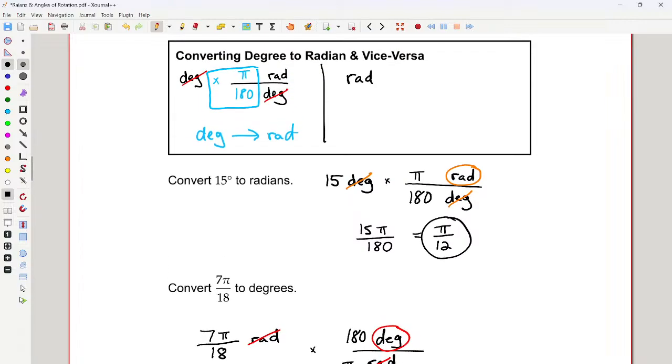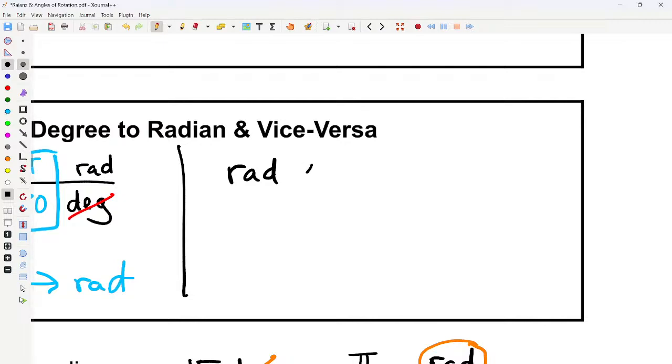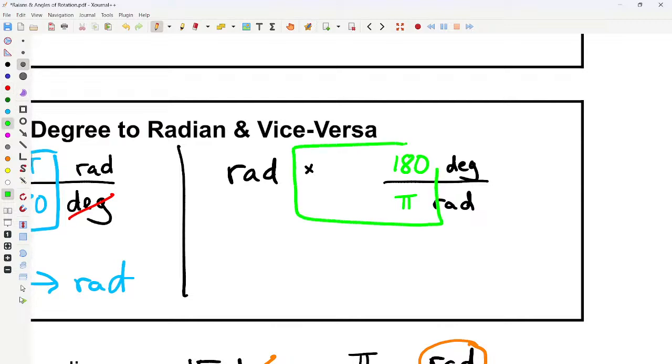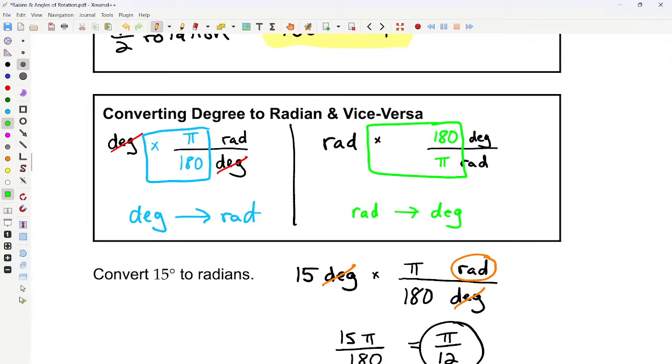If we have radian, there it is. Just so it looks uniform.